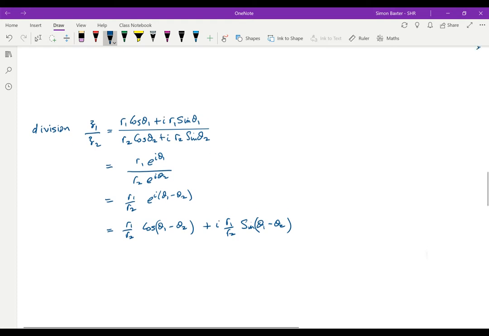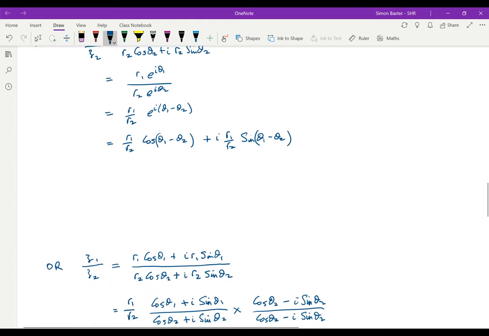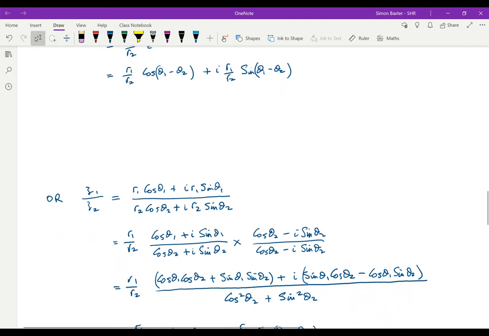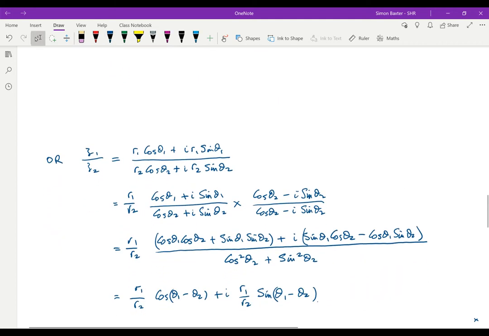And that you can do with sines and cosines. It doesn't quite fit on the page the way I've done it, because it's a lot more algebra. One over the other, we need to multiply top and bottom by cos minus i sine, so we make the bottom into a real number.